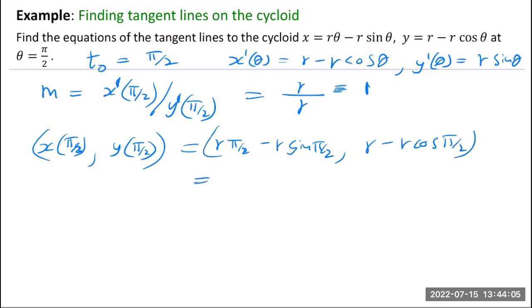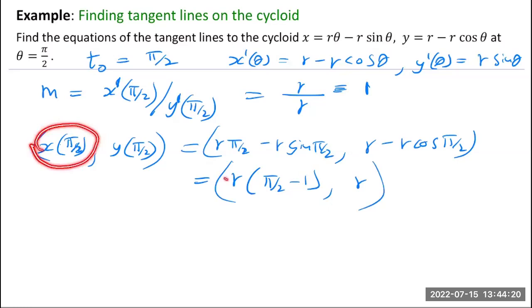Doing some simplification, you will see that this point is nothing but r times pi over 2 minus 1, comma, r. That means x of pi over 2 is this quantity, y of pi over 2 is r.